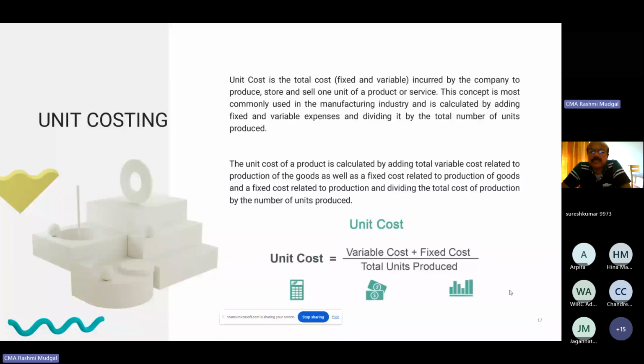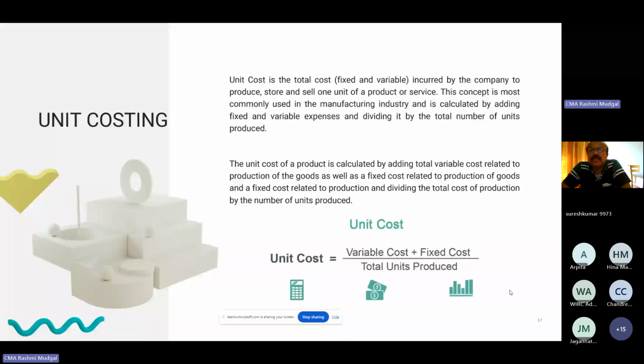Unit costing is mostly used in the manufacturing industry. It can be used in the service industry, but mostly it is used by manufacturing industries, where fixed and variable costs are divided by the total number of units.